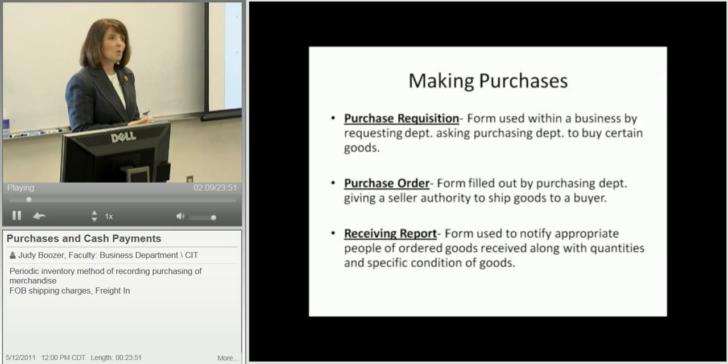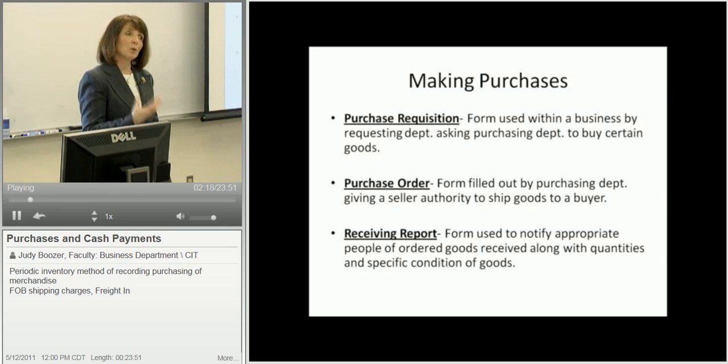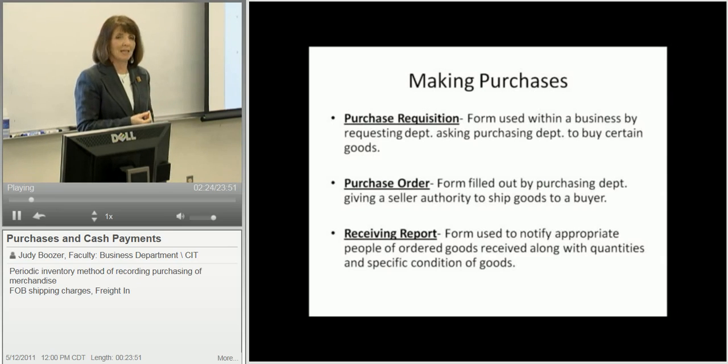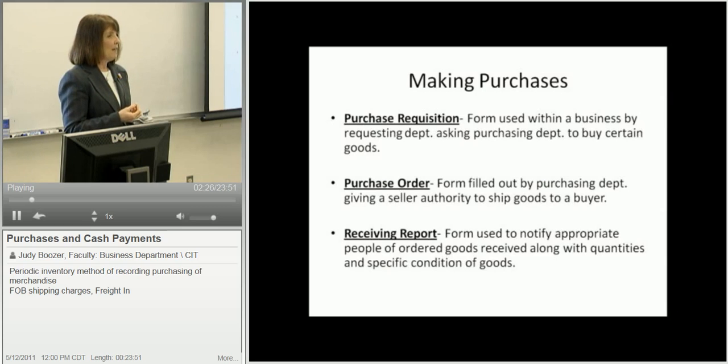The items you want to order, maybe the quantity, the price, all of that information would be on there. Once that purchase rec is approved, then usually something called a purchase order is issued. That gives permission to make the purchase of whatever merchandise you're wanting. So again, a purchase order is then filled out.